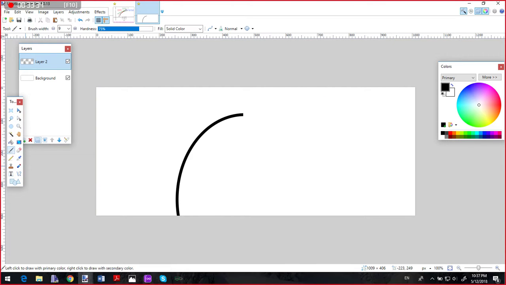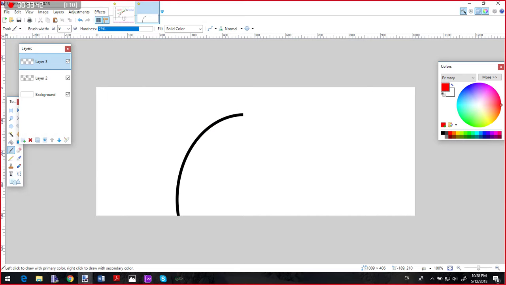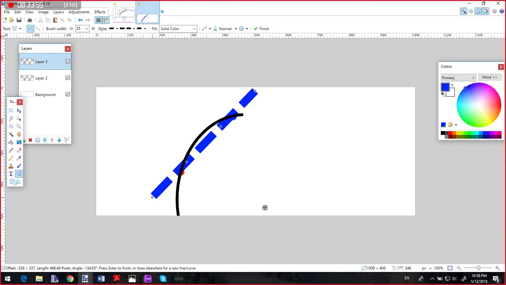Mean value theorem says if you have 2 points on this curve, point A, point B, then there should be some point C between them where the derivative is equal to the average slope. So let me do this in another color.